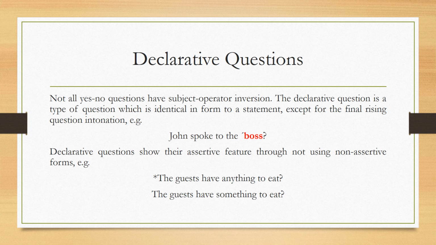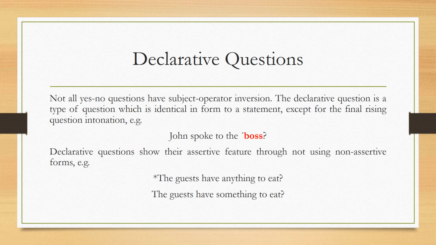So the declarative question is a type of question which is identical in form to a statement. It is similar to a statement in that it starts with the subject followed by the verb, except for the final rising question intonation.